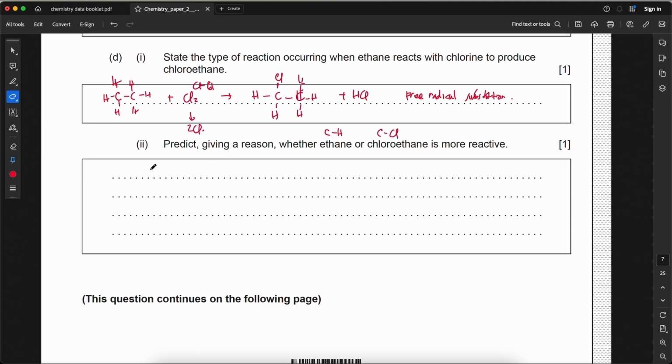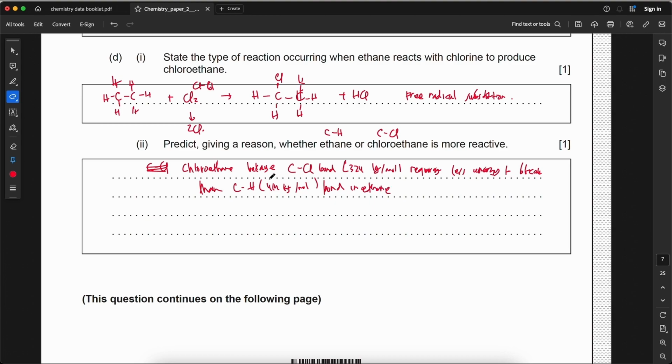The one that is more reactive is C-Cl, so the answer is chloroethane, because the C-Cl bond requires less energy, only 324 kilojoule per mole, to break than C-H, which is 414 kilojoule per mole in ethane.